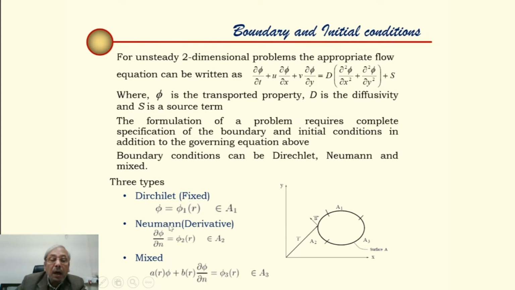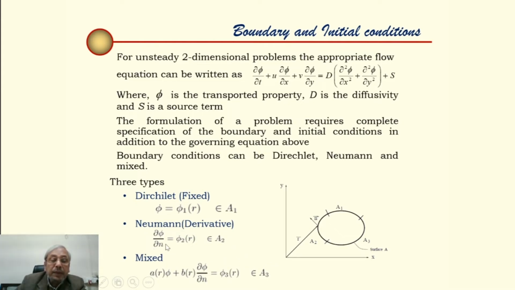Neumann condition is where the derivative of the dependent variable is known. Like A2, this zone, we have shown that it is a Neumann condition.